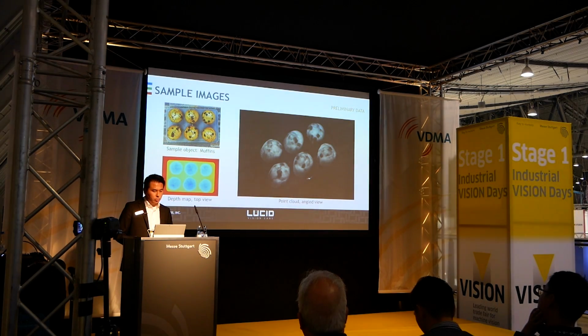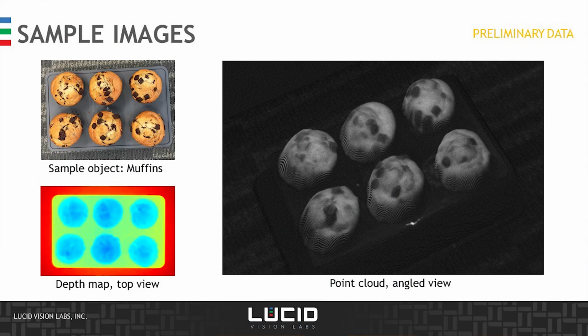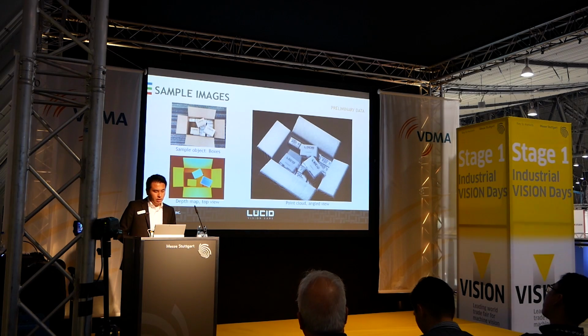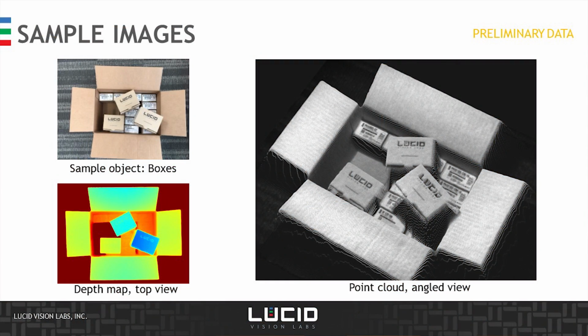These are some more sample images that we took of different objects. This is a few chocolate muffins that we put on a box, and you can see from the depth data, you can even see the chocolate chips on the muffins themselves. These are boxes that we stack at different depth, so it allows you to see the different distances and the features of the box.